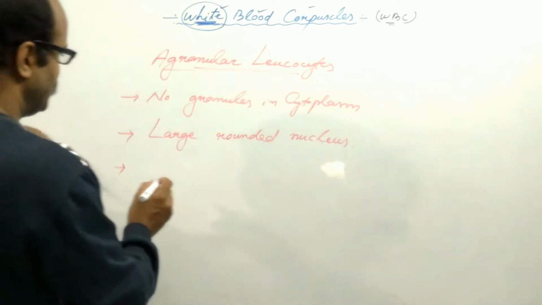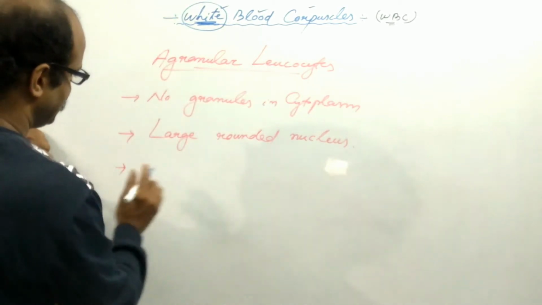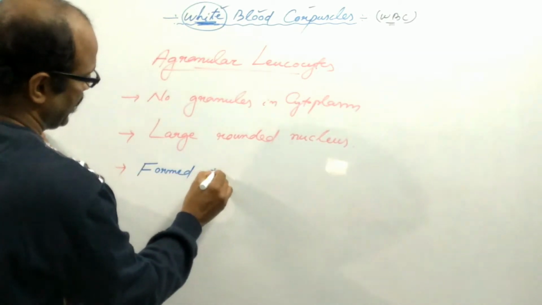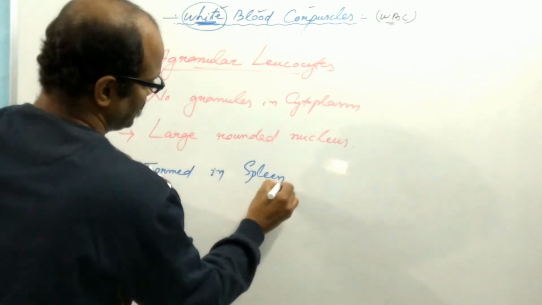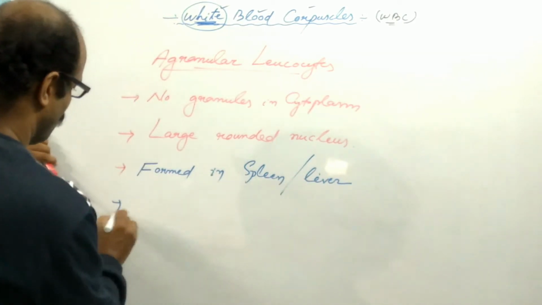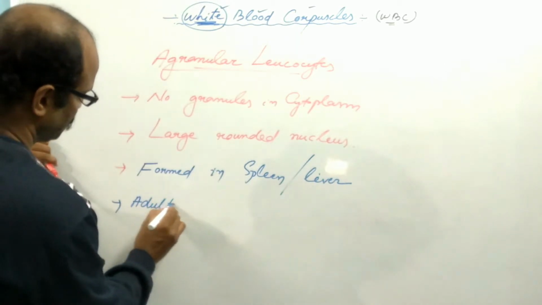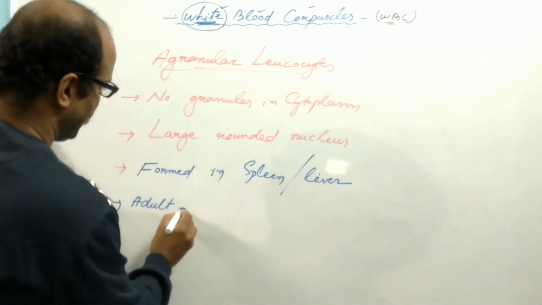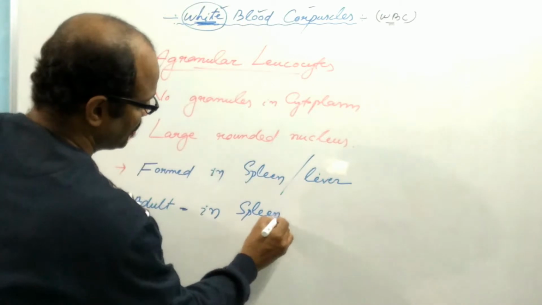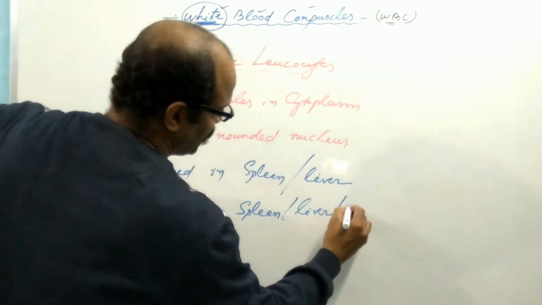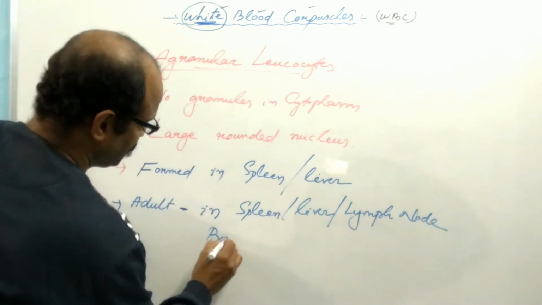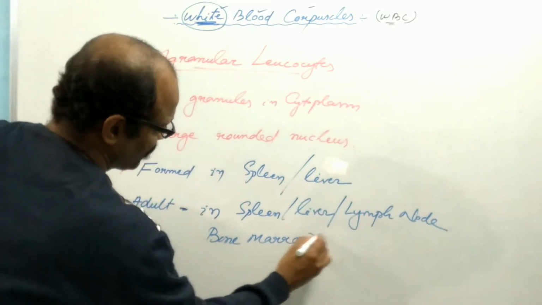In the embryonic condition, such agranular leukocytes are formed in spleen and liver, but in the adult condition, such agranular leukocytes are formed in spleen, liver, lymph node, bone marrow, and thymus.